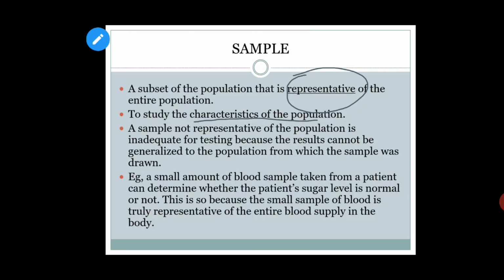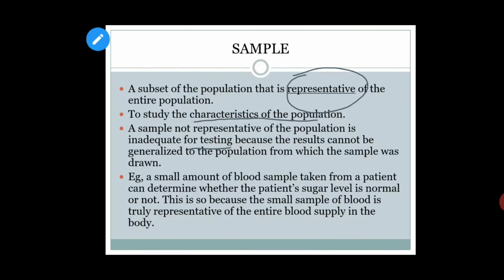A sample not representative of the population is inadequate for testing because the results cannot be generalized. The whole point of drawing a sample from the population is to form a generalization about the population. If such a sample is not representative of the population, then what's the use of taking a sample in the first place, right?